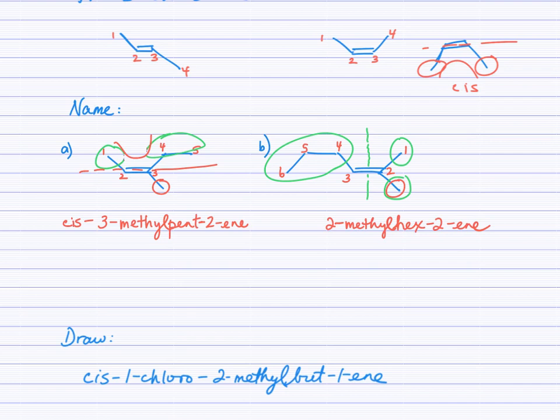So now at this point there's going to be no cis or trans isomerization here because identical groups are bonded to carbon 2, which is a carbon of the double bond. So there'll be no difference because there is no predominantly bulky group there. And so I'll leave the name of B as 2-methylhex-2-ene.